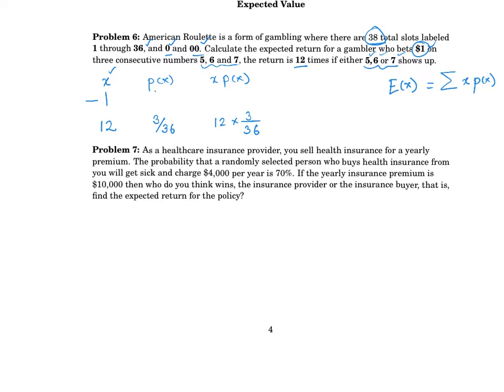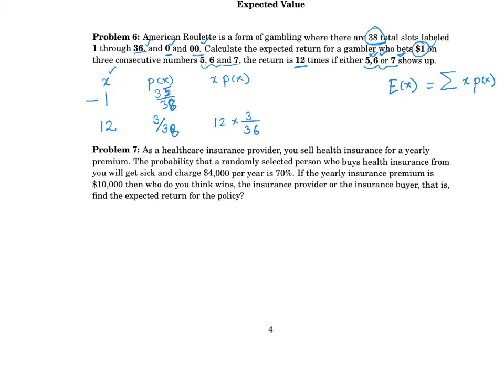That's, by the way, 33 out of 36. Why is it 33 out of 36? Because there are 3 winning numbers, 5, 6, and 7, right? So if you take away 3 numbers from total 38 numbers, you're going to be left with, oops, not 33. Oops, I made a mistake. It's 35 out of 38, and also there's a mistake here. 3 out of 38. Sorry about that.